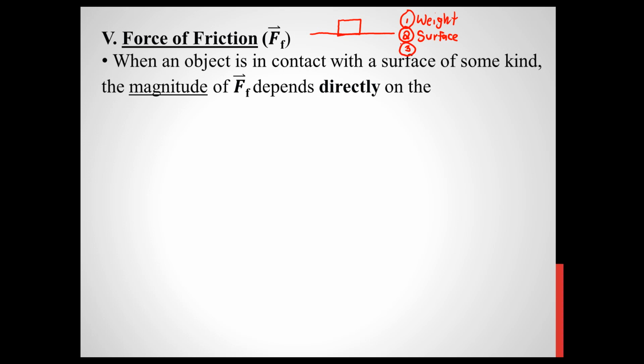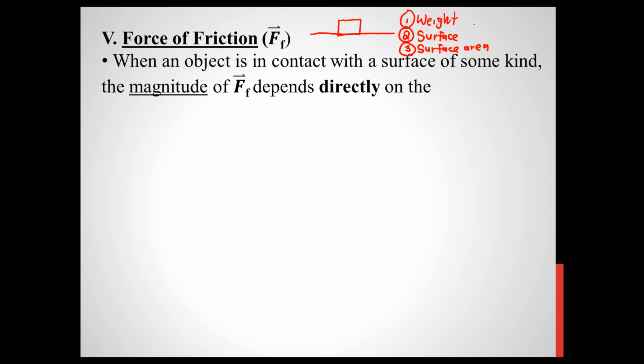The third one I usually get as a response is, what is the surface area that the box is in contact with the ground?